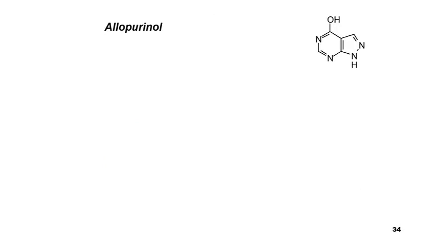Allopurinol is a drug that is similar in structure to hypoxanthine, but instead of an imidazopyrimidine structure, it has a pyrazolopyrimidine structure. It is related in structure to hypoxanthine, as we can see, and to xanthine on the other hand.